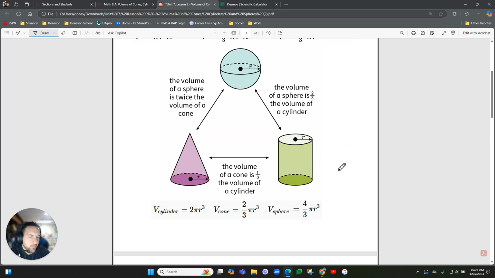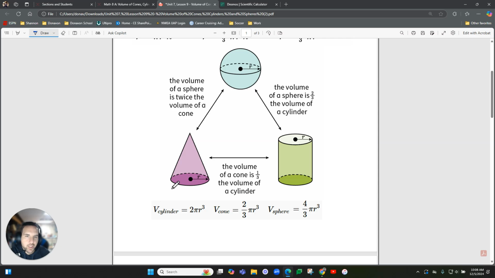So if you knew the volume of the cylinder is, let's say, 12, to find the volume of the sphere with the same radius and same height, or same diameter, you would just multiply it by 2/3 to find it. And then this other one is the volume of a sphere is twice the volume of a cone.